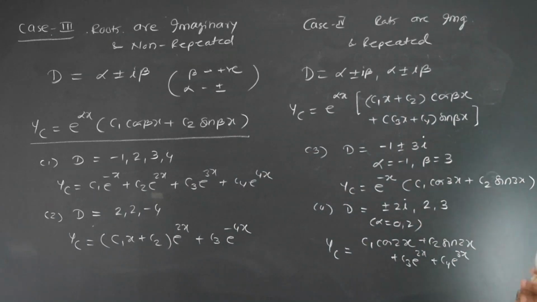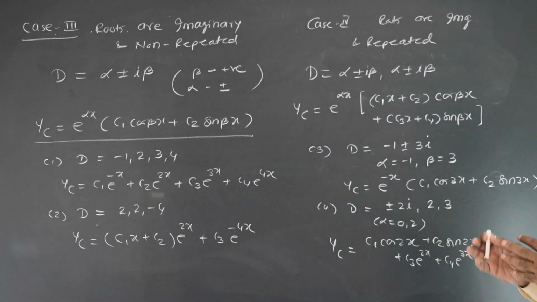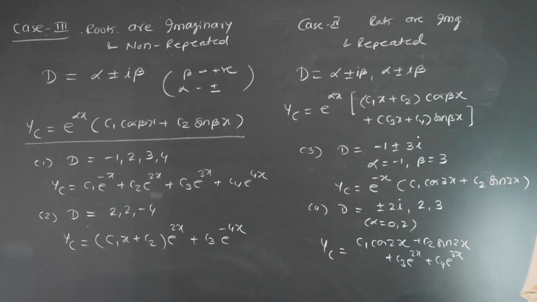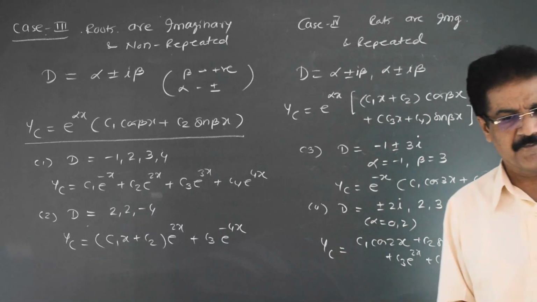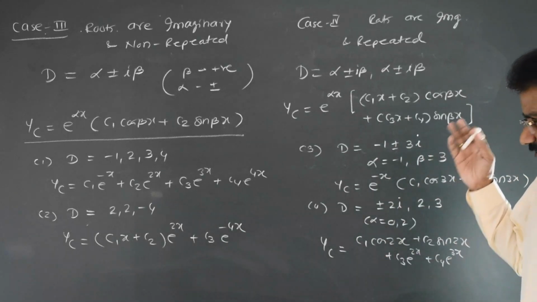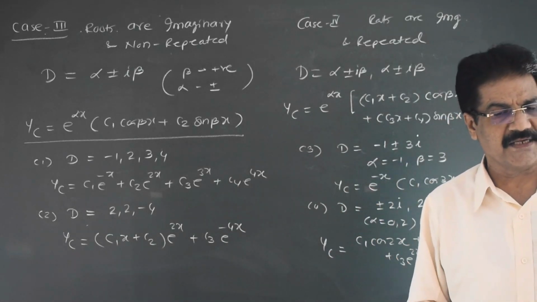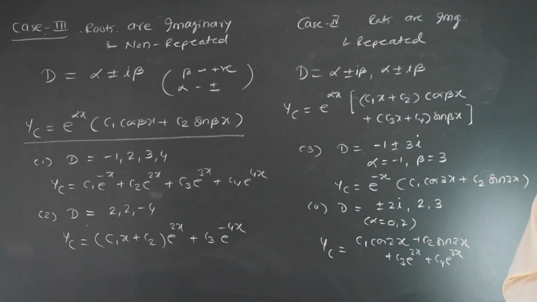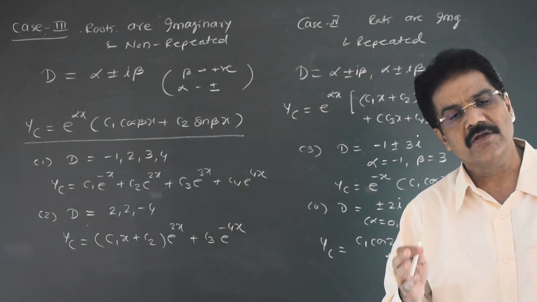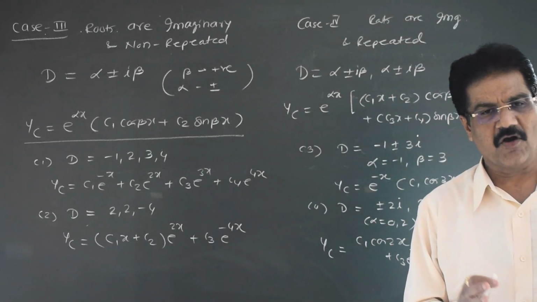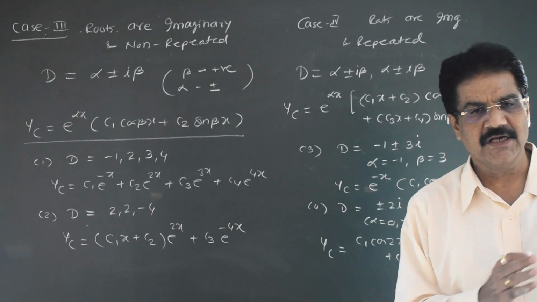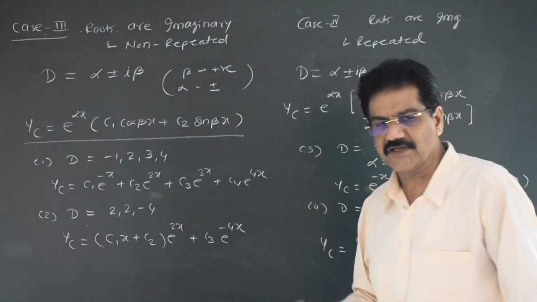So as far as yc is concerned, we have taken everything in detail, how to write the solution of the differential equation when RHS is not present. yc is the first part of the total solution of the differential equation.